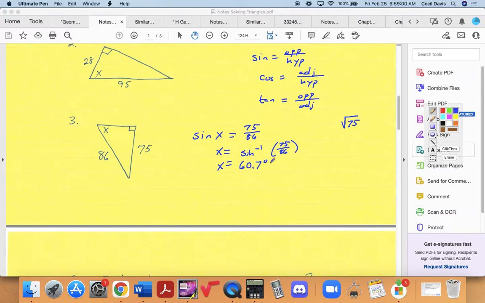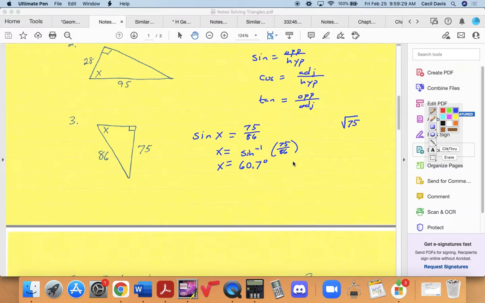Do I have some agreement? Yes? Thank you. One thing to point out here, he accidentally put 86 over 75. You can't take the sine inverse of a number that's bigger than 1.